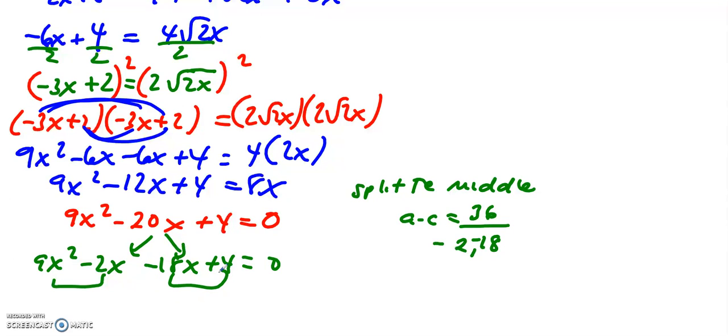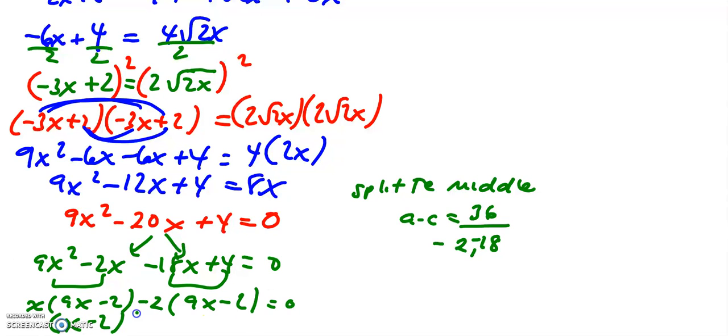If I think GCF, we would have x(9x minus 2), and take out a negative 2, get 9x minus 2 again. So this would factor to be x minus 2 times 9x minus 2 equals 0. So my two possible answers are positive 2 and positive 2/9.